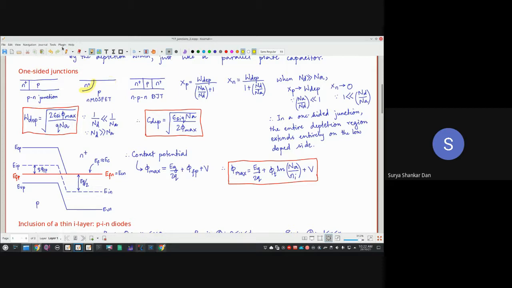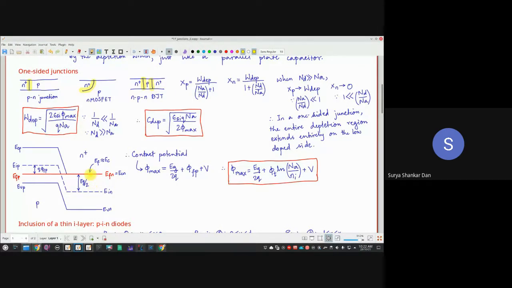The standard textbooks will always show a junction like this, N and P. But in a MOSFET, it is N plus P. In a BJT, you can clearly see the junctions, right?